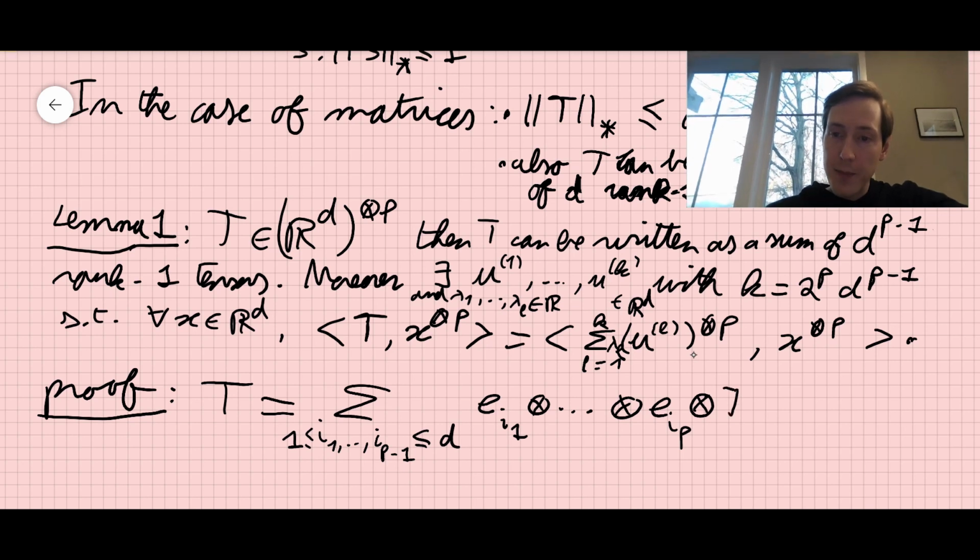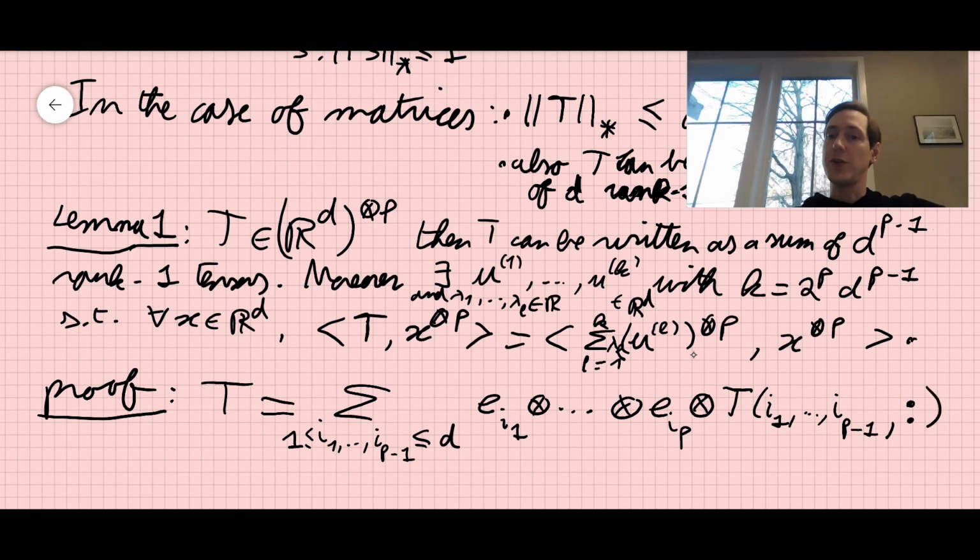I mean T, and now here I look at the vector which is in the entries i1, etc., up to i_{p-1}. And I left the last one free, let's say in MATLAB notation, like this. Okay. What does this mean?